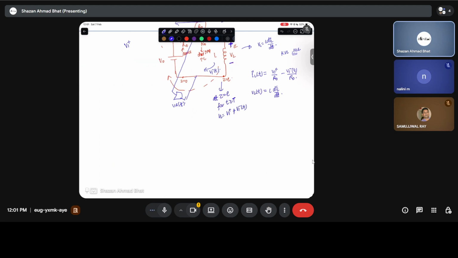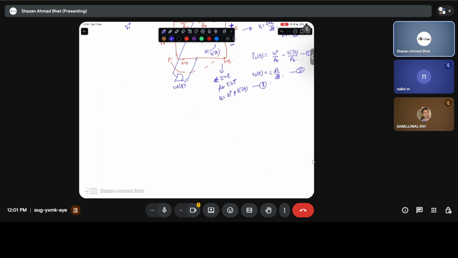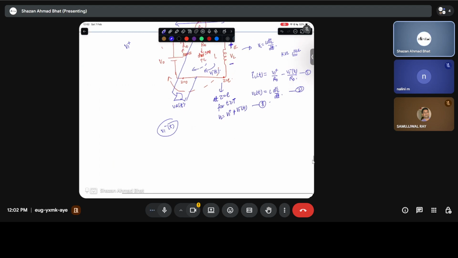This is equation 1, we have equation 2, we have equation 3. What we are supposed to compute is V1 minus of t, because that will be the voltage waveform that will be reflected towards the source end.